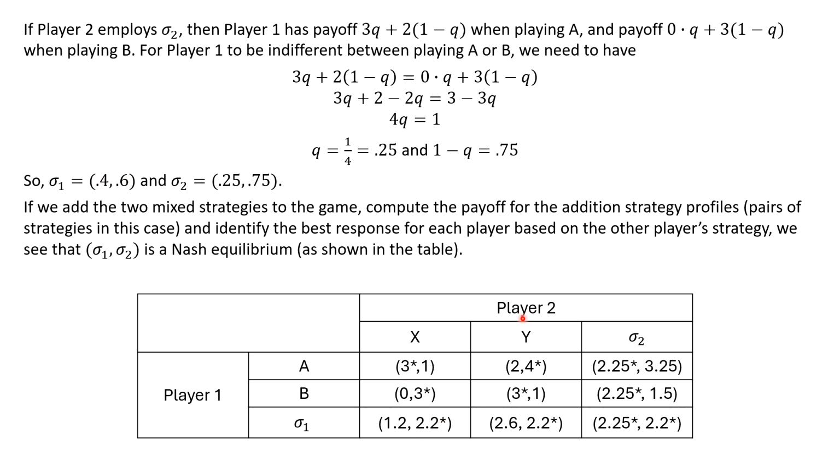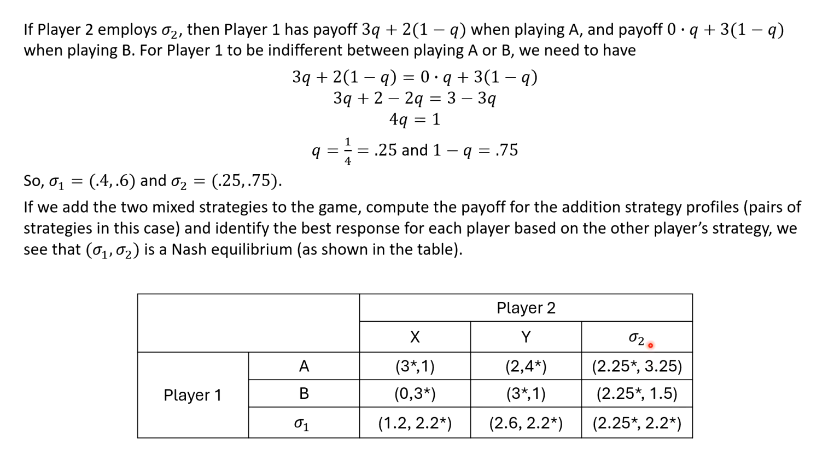And then we do the same thing here. We get these values. Then we do the computations this way. If player 2 plays sigma sub 2 and player 1 plays A, we can calculate those payoffs and then these payoffs. And then we have everything except this here.